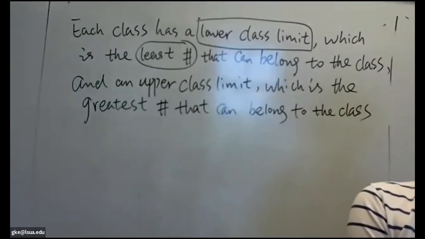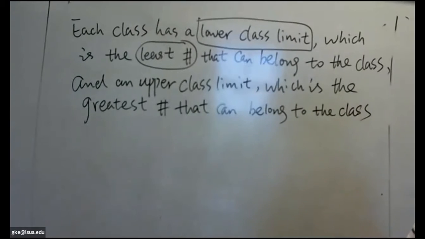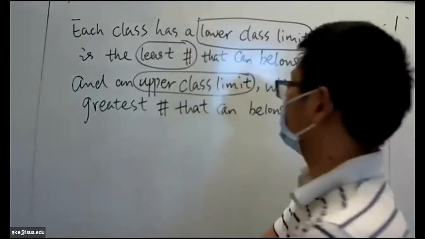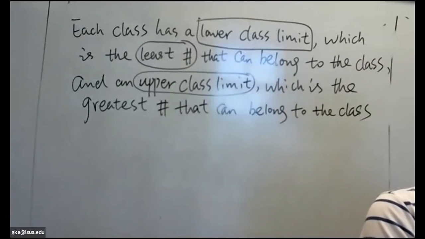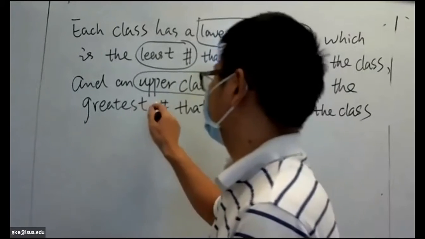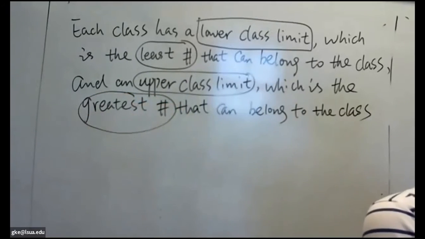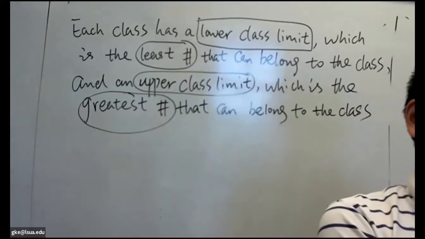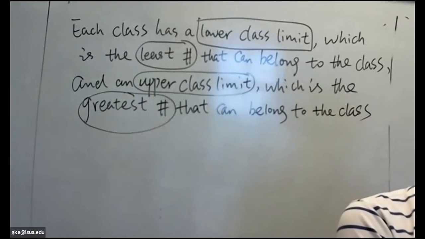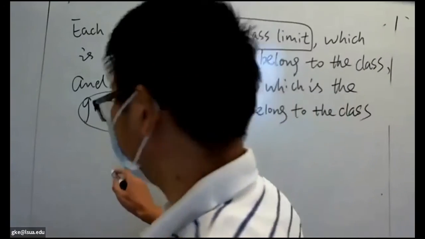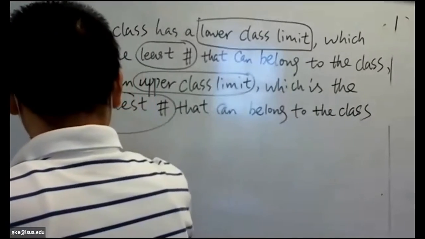And for the upper class limit, the keyword is the greatest number. Now let's take a look at the original example. We already have three classes.